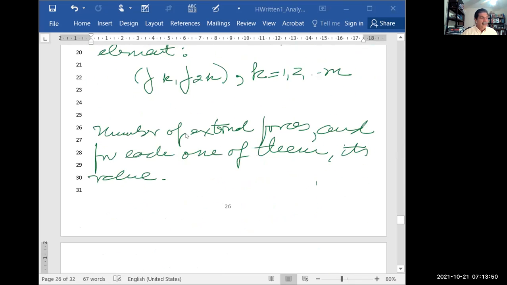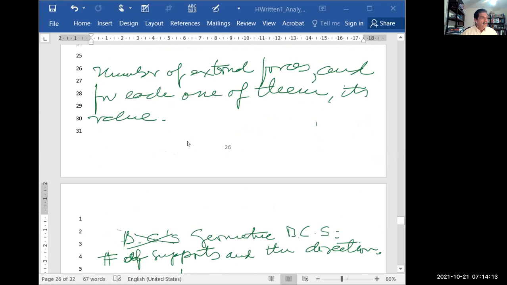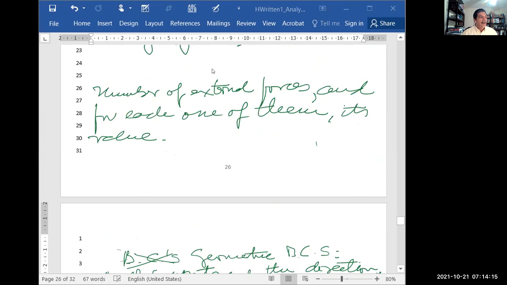Then we need to specify the number of external forces, okay? In some joints, you have an external force. If you say that I don't have external force, that means that external force in that joint is 0. That's that, okay? The number of that, for each one of them, its value. Now, here we have to complement this, okay? Because when we say the external forces, we have to differentiate between force in X and force in Y, okay?